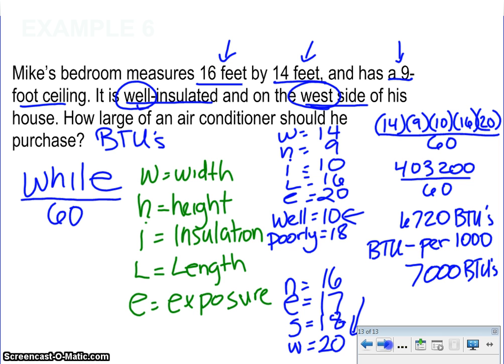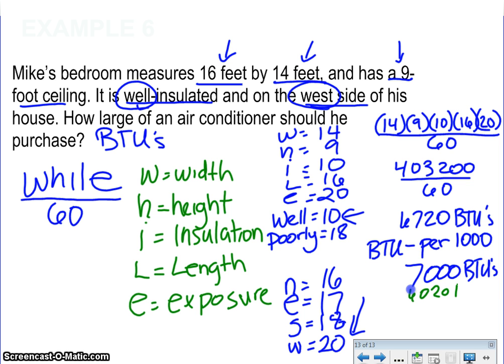But I want to give you another little scenario here. If, let's just say, it had been 6,020 BTUs. I will tell you that the answer is still going to be 7,000 BTUs because with this, you always round up.